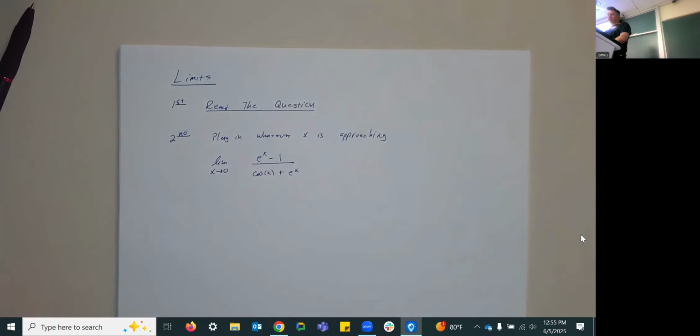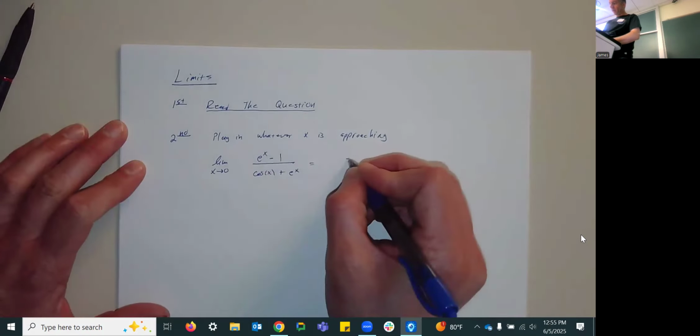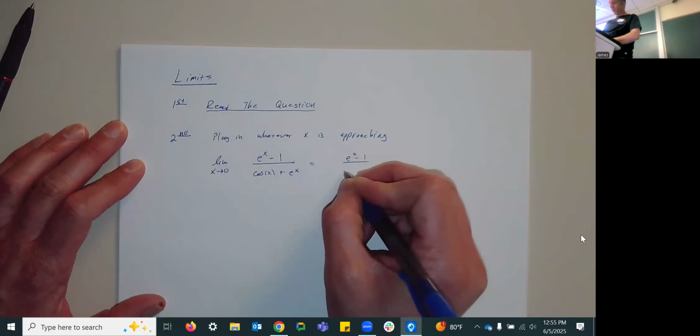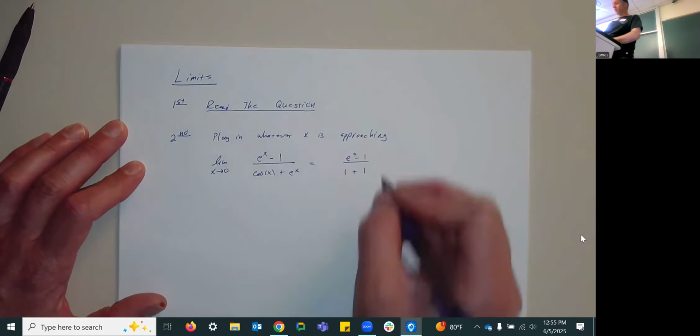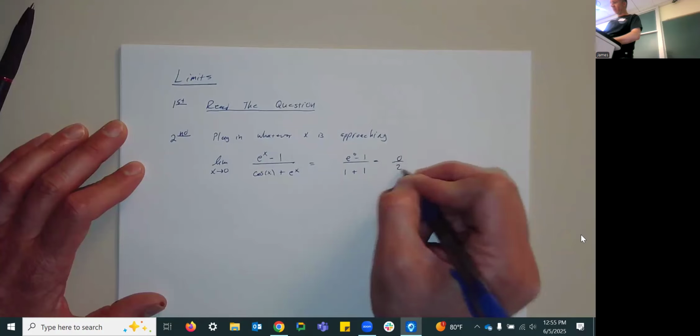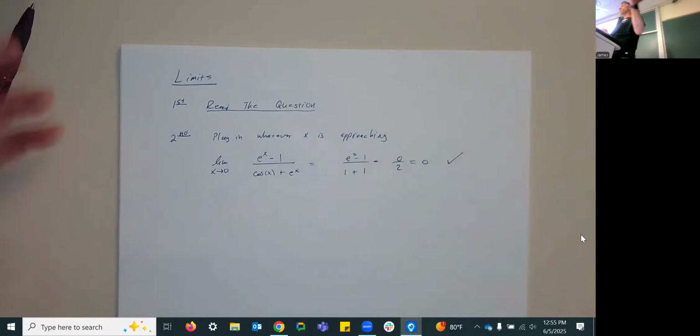That wasn't exactly it, but close enough. And here, if you plug in 0, what happens? We get e to the 0 minus 1 over cosine of 0, which is 1, plus e to the 0, which is also 1. And you're going to be getting 0 divided by 2, which is just 0. And that's it. You're done. 0 is a real answer. So make sure you plug in whenever x is approaching.